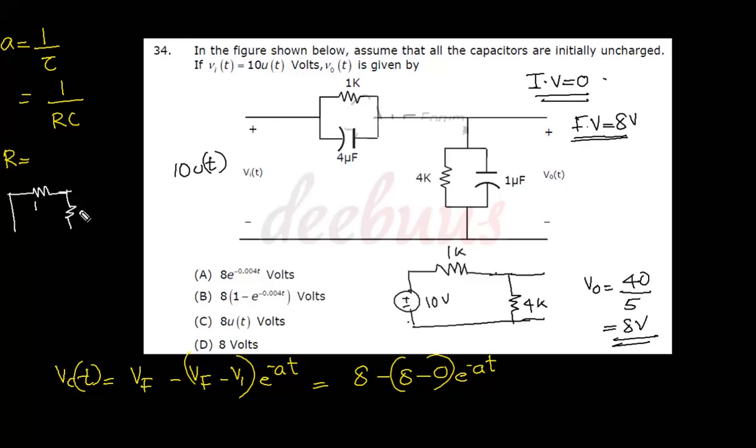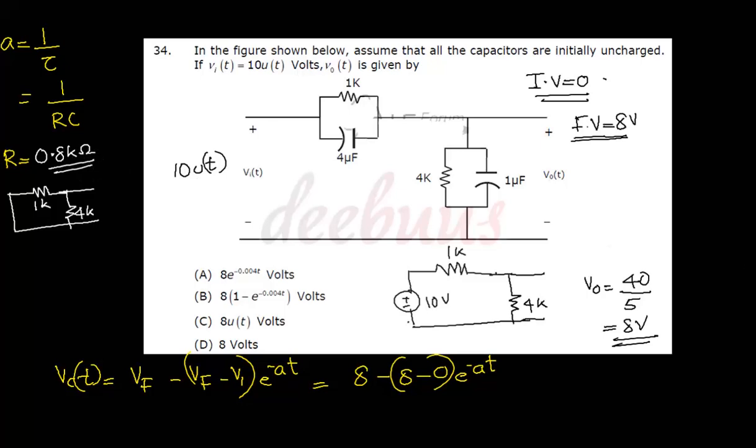Next, again another 4 kilo ohm is here. We are taking the output voltage across these 2 points. That turns R equal to 1K parallel 4K, which is 1 into 4 by 1 plus 4, so 4 by 5 or 0.8 kilo ohm. Right, R turns out to be 0.8 kilo ohm.